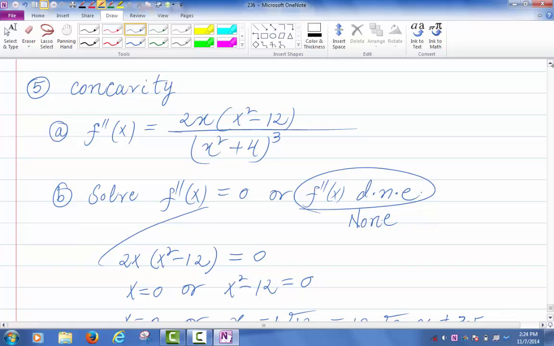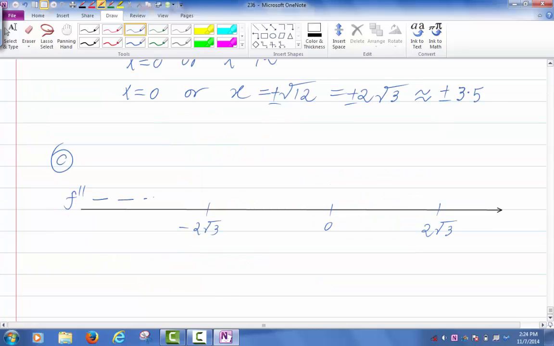If I plug in negative 4, I get 2x would be negative. x squared minus 12 is what? Negative or positive? Positive. So negative times positive divided by positive, I get negative. So negative here. Between negative 2 root 3 and 0, we can plug in negative 1, right? If I plug in negative 1, is the second derivative positive or negative? Plug in negative 1, you get negative divided by positive, so that will be positive.